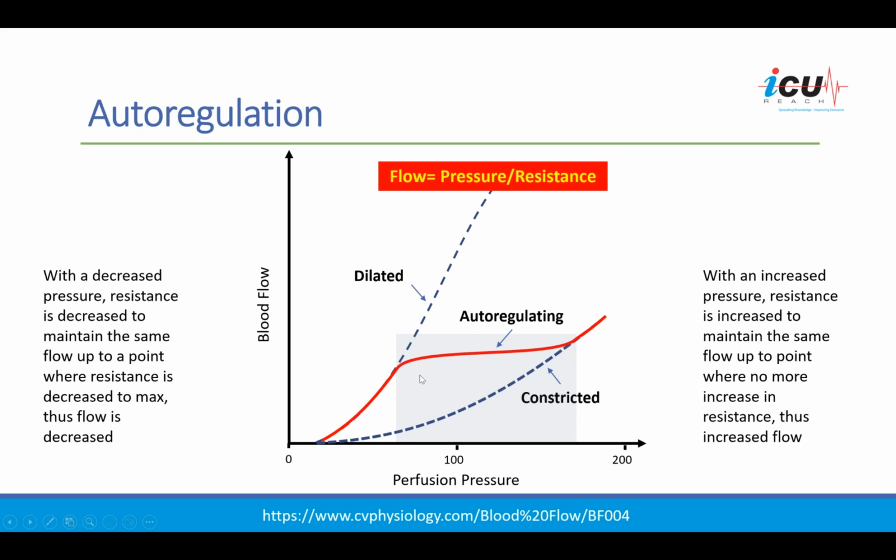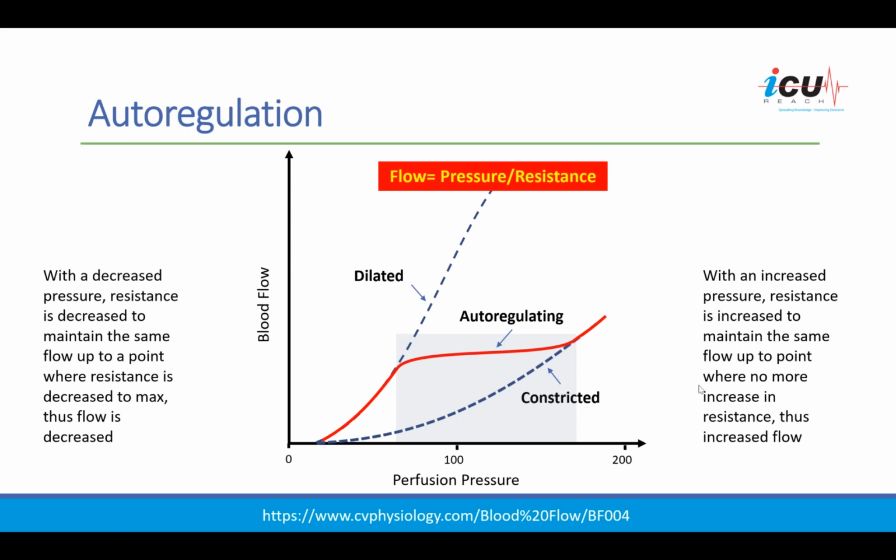At the same time, if the perfusion pressure is increased gradually, the vessels will be vasoconstricted to maintain the same blood flow. However, we reach a point where the vasoconstriction is at its maximum and cannot be increased anymore.